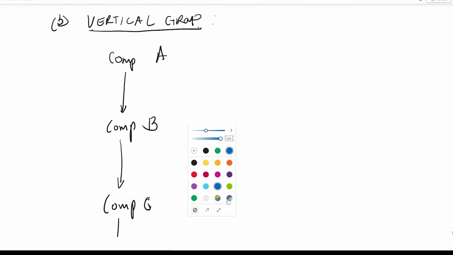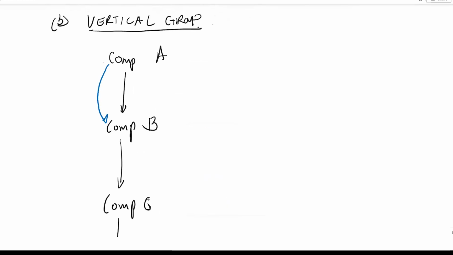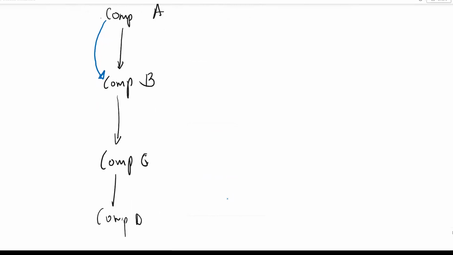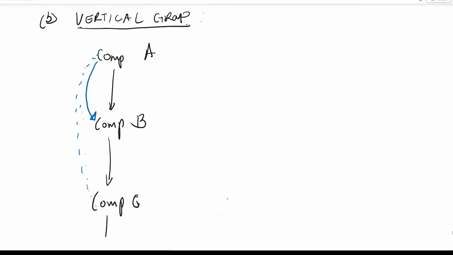The main parent, company A, has a direct relationship with company B. But company A does not have a direct relationship with company C or with company D. So they have an indirect relationship, because it's part of the group. They have an indirect relationship with company C and the rest. All right, how so?